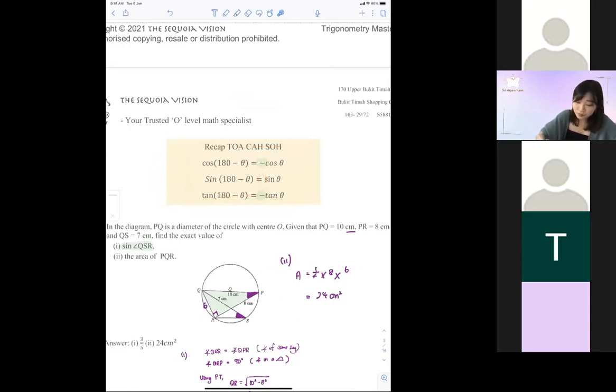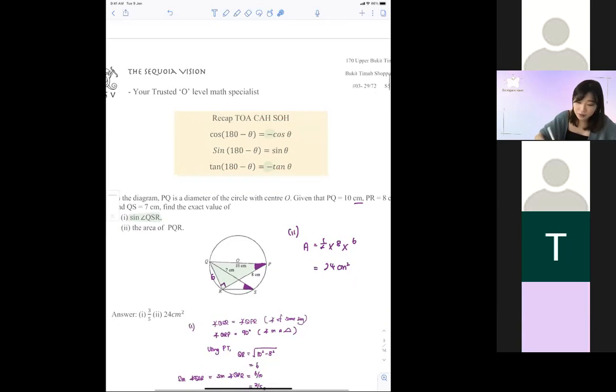So if I have a triangle, sine of this is sine of this, tangent of this is minus tangent of this, cosine of this is minus cosine of this. I just condense this formula. So if this is theta, this is 180 minus theta. So cosine of this is minus cosine of this, and sine of this equals sine of this.